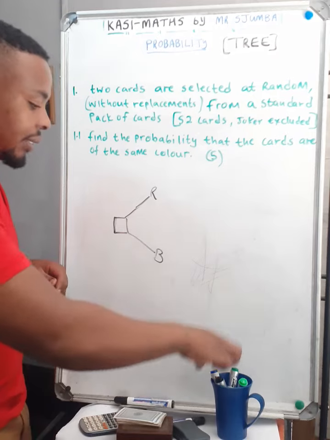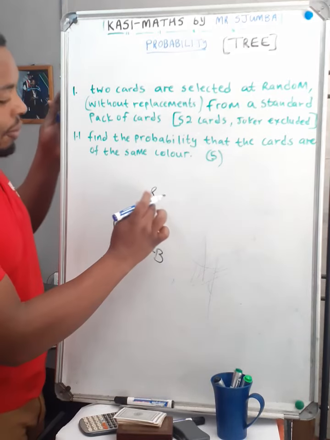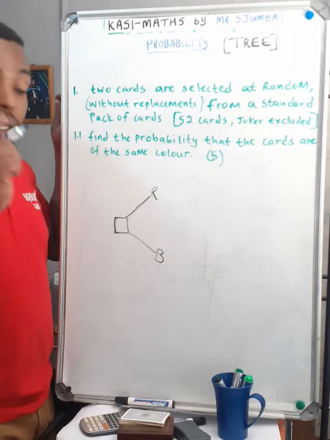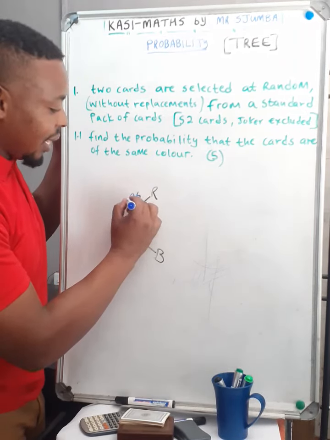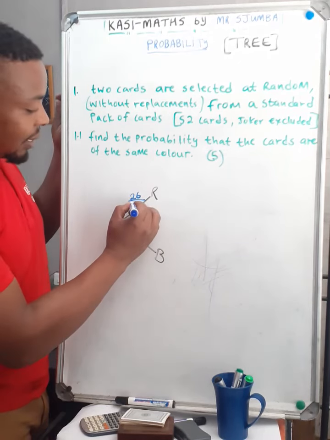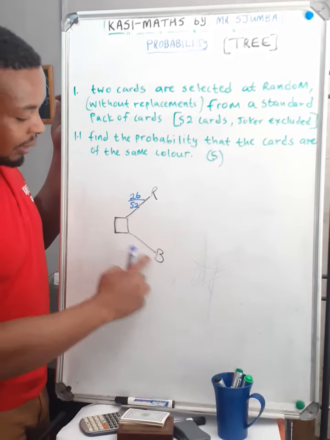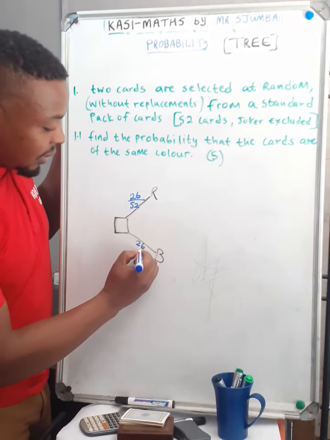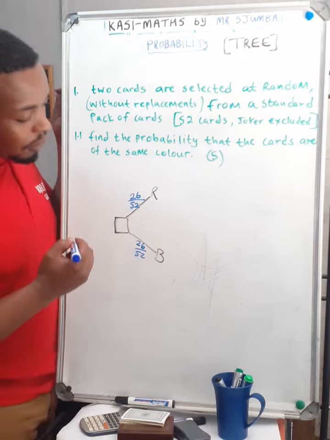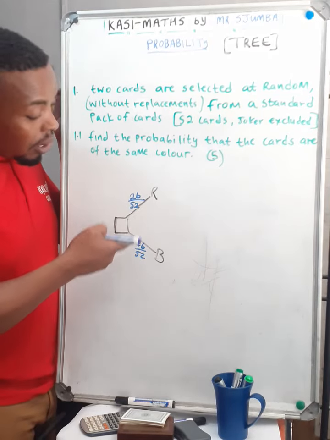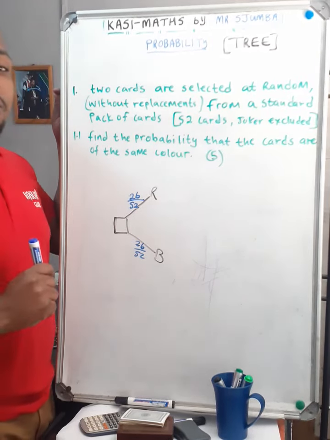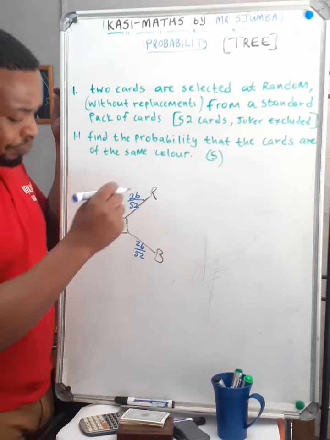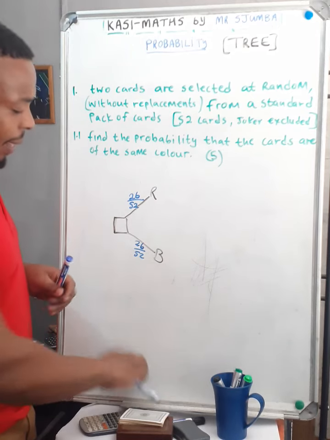We should also write the probabilities here. How many red cards are there in a standard deck of cards? There are 26, out of how many cards? There are 52 cards. How many cards are black? There are 26, out of 52. You must add these up to get 1, because this is probability and the total probability is 1.